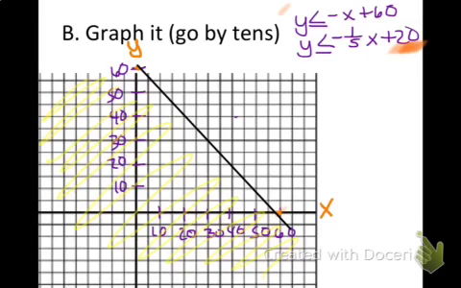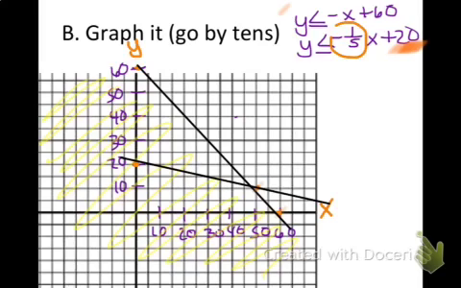My y-intercept is positive 20, so I'm going to go to 20 on my y-intercept, and my slope is negative 1 over 5. So that means, when you graph the second one, it should look like this, the lower one.